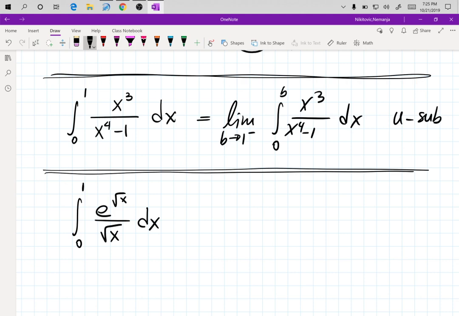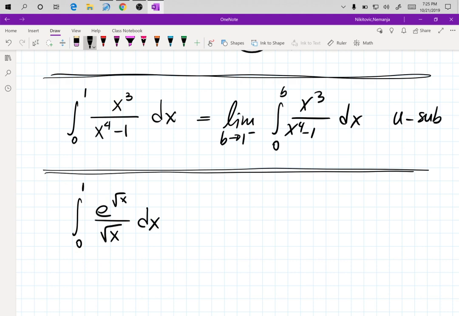Great. Which method do we use? Yeah, so boring, right? u equals root x, du equals, very good. Now I don't have this 2, so I'm going to fix that. Put the 2 in.